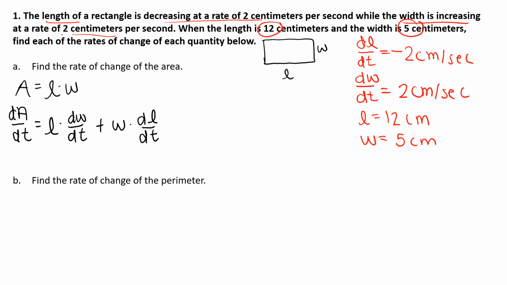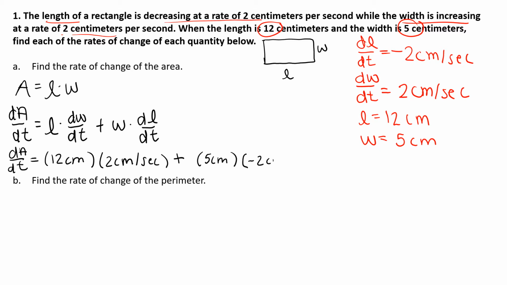Now that we've differentiated, we can go ahead and substitute what we know to solve. So we're still looking for dA/dt, that's what we want to find, is equal to filling in our 12 centimeters, and dW/dt is 2 centimeters per second, plus W is 5 centimeters, times dL/dt is negative 2 centimeters per second.